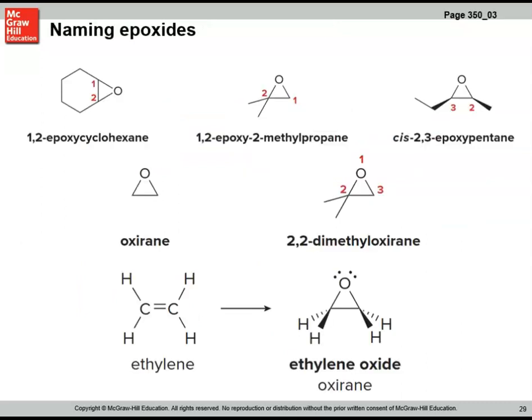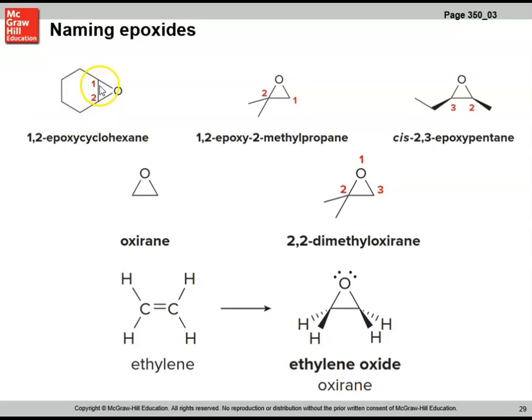When naming epoxides, we always number the rings. We always number the groups under that epoxide, that bonded oxygen, that triangular oxygen, consecutively. So we never would go around the ring and end at that higher number of 6 here.